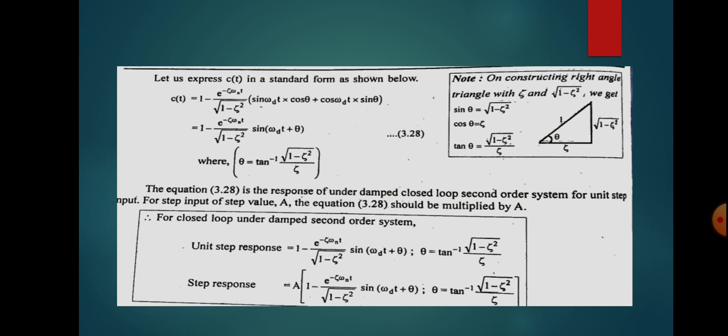And you can find that the unit step response is equal to 1 minus e raised to minus δωn t divided by square root of 1 minus δ² into sin(ωd t + θ). You should learn that formula by heart. That is the unit step response in the case of an underdamped second order system, and for a step response of magnitude A, the term A will be multiplied with this.